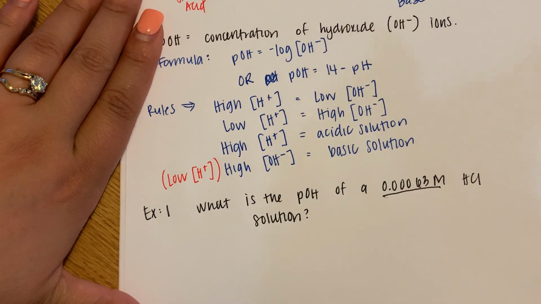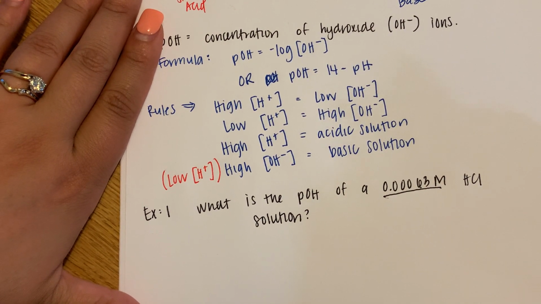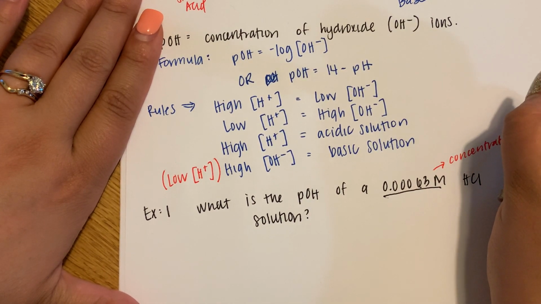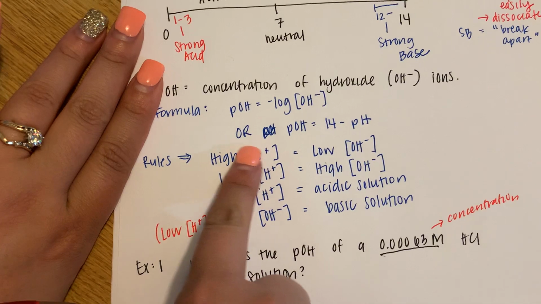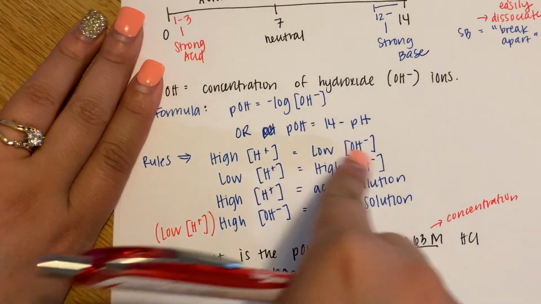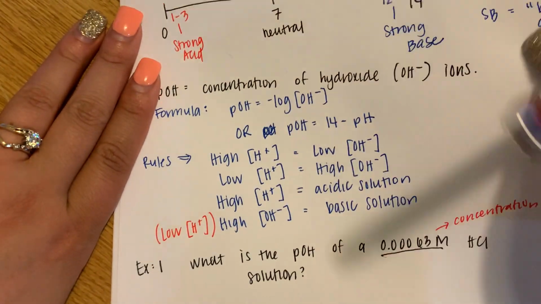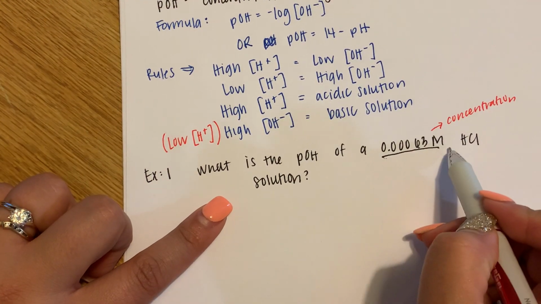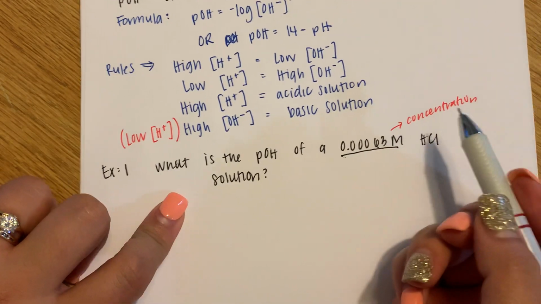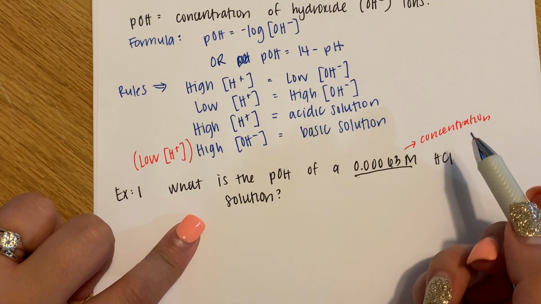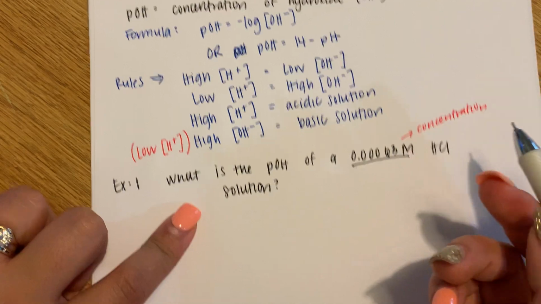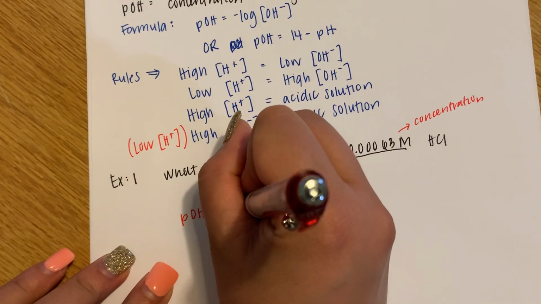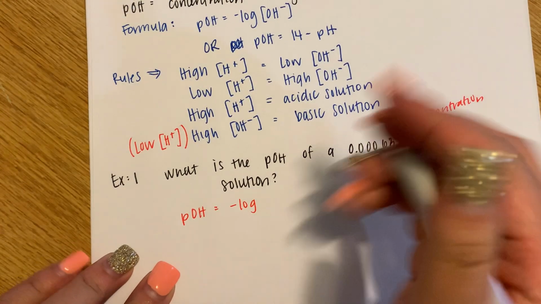That right off the bat tells me this is some kind of concentration. And remember that the brackets, guys, those little brackets around the letters here, mean concentration in science language, okay? So, being that I have a concentration and it wants me to find the pOH, I just need to plug it into my formula, right? So pOH, negative log, and we're just going to plug in this number, right?